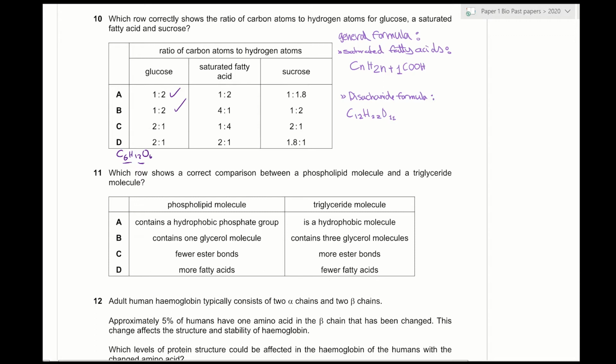Saturated fatty acid, here I've included the formula of a saturated fatty acid, and it is obvious it's also going to be 1 to 2. For sucrose, it's a disaccharide, and I've included the general formula here. So simplifying the ratio gives us 1 to 1.8. Therefore, the correct answer is going to be A.